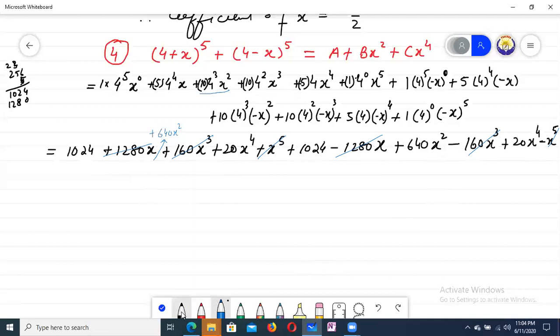Then remaining terms are 1024 plus 1024, 2048. Then after that 640x square plus 640x square, 1280 x square.